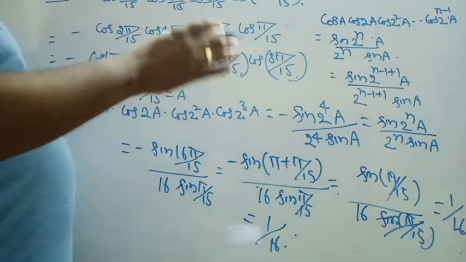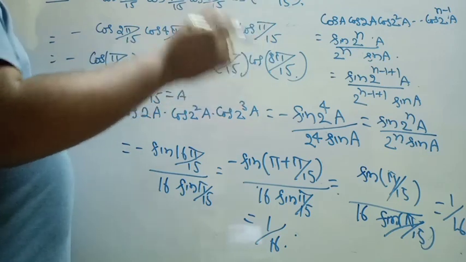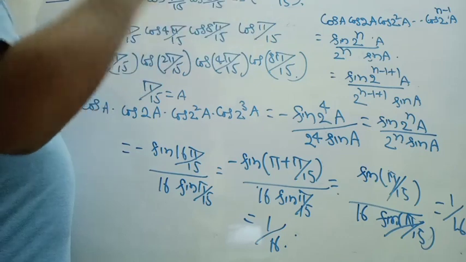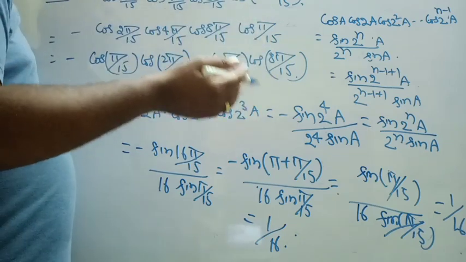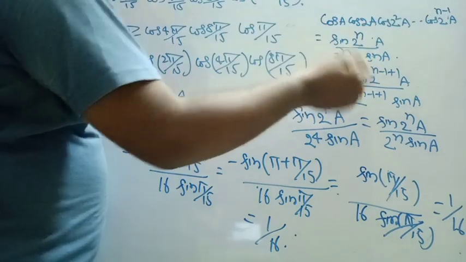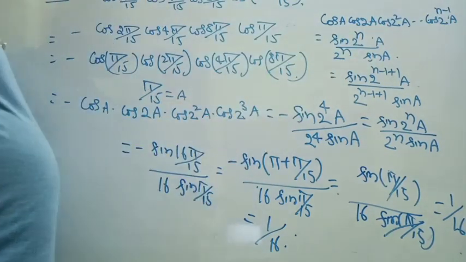No need to be confused, because some students have repeatedly asked me, sir, there n minus 1 is given, here n is given. Whether n minus 1, n, n minus 2 or n plus 5 is given, this will change according to what is given. Thank you very much.